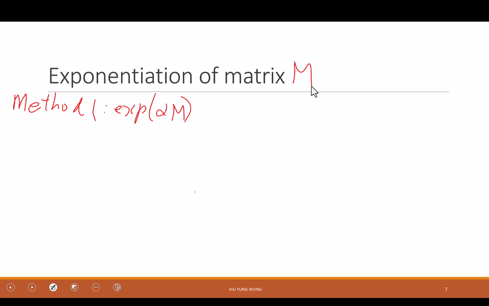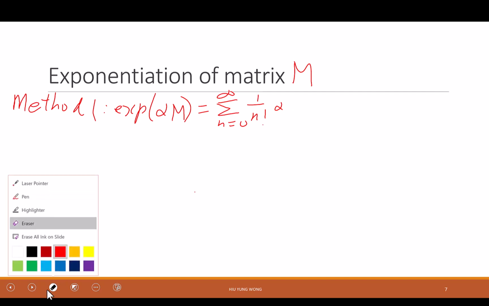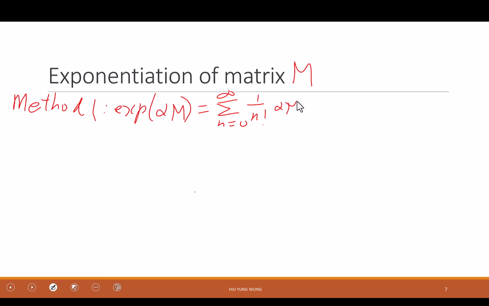You just need to go through the definition. Do you remember what is the definition of exponentiation? It is the summation n equal to 0 to infinity of 1 over n factorial, and then the whole thing to the power n. Do you remember this?